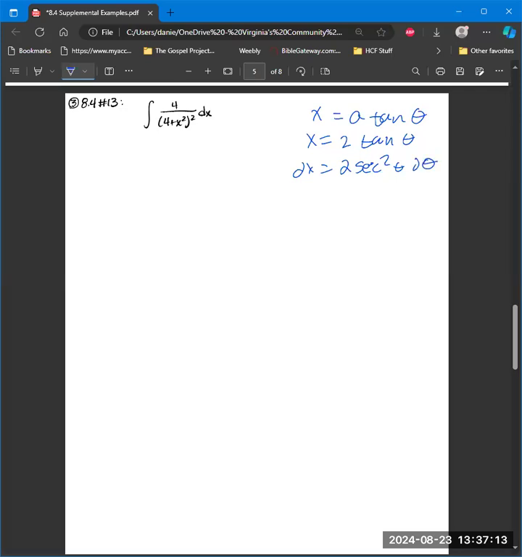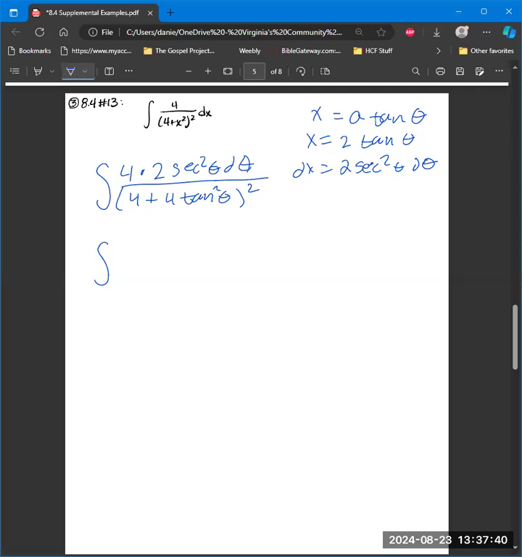And we have 4 and then dx times 2 secant squared theta d theta over 4 plus 2 tan theta squared, which is 4 tan squared theta, and this is all quantity squared.